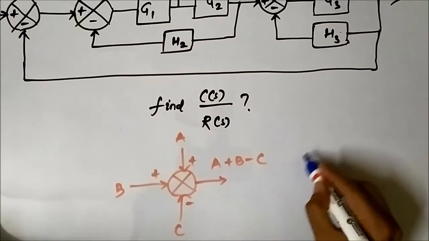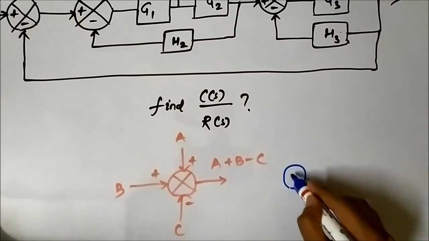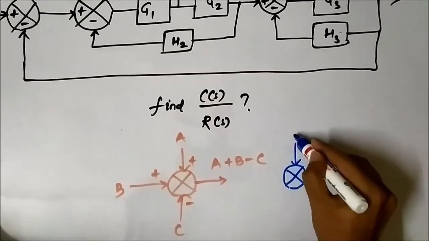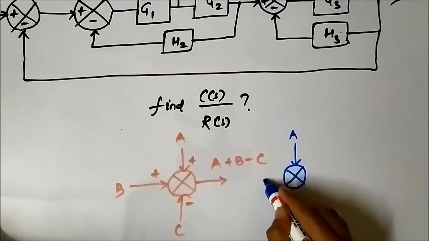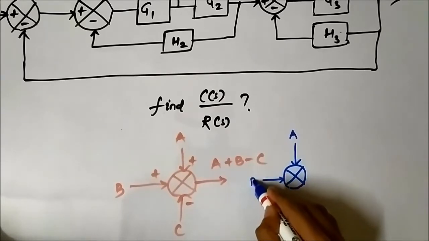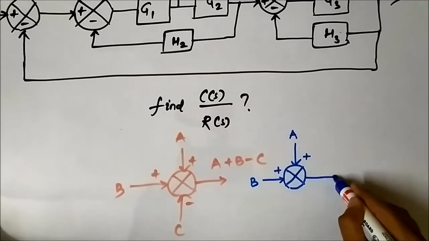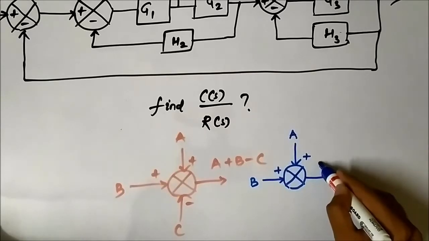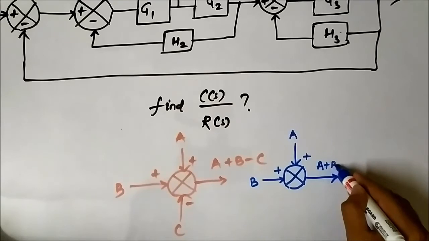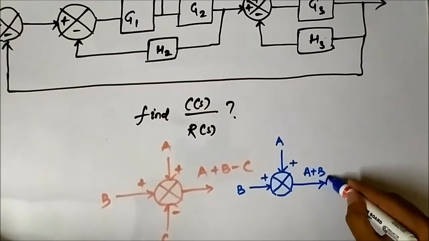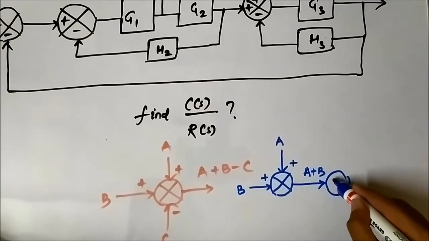So we can split it in this way. See, this is A, this is B, plus plus. The output is A plus B. The output of this first summer is given to another summer.